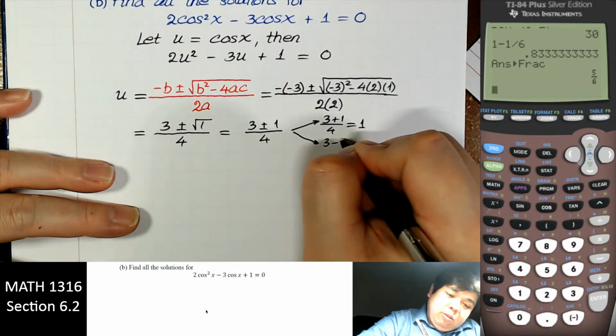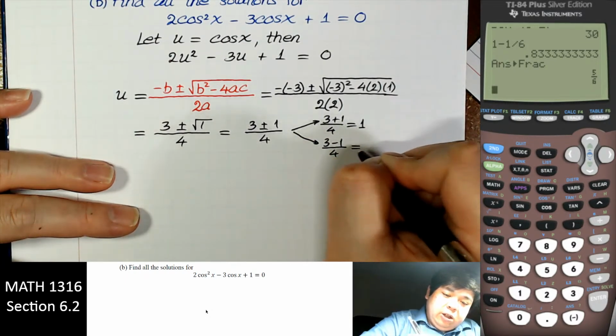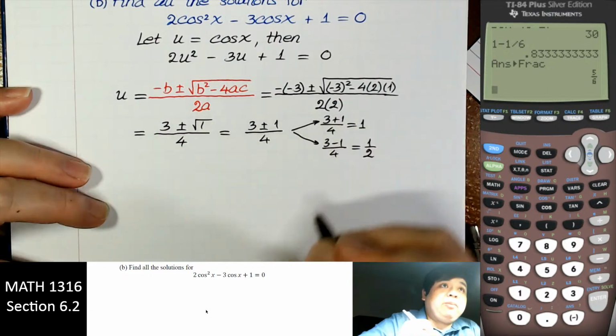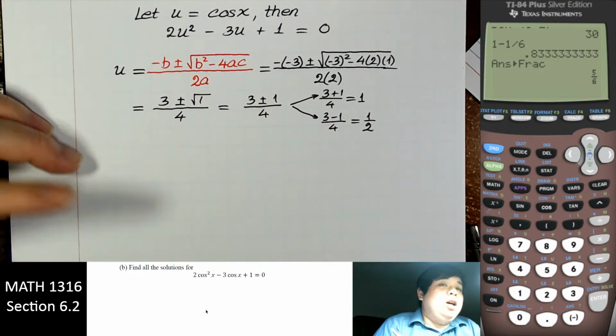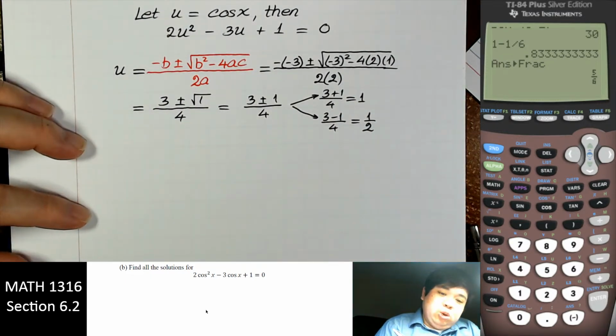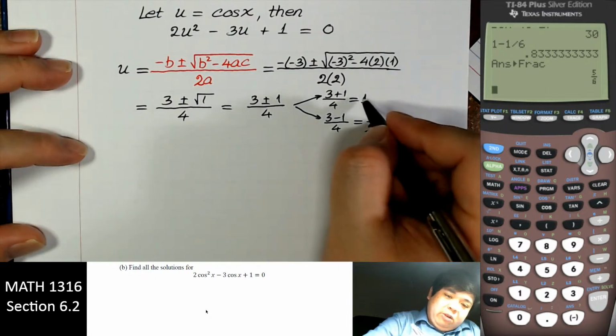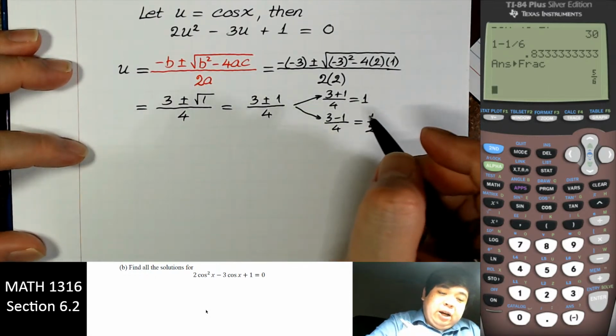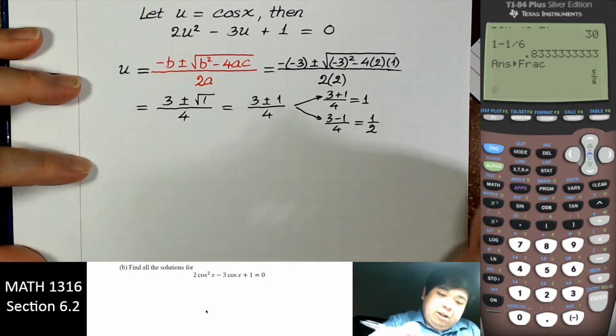And 3 minus 1 over 4 is 1/2. So pretty much we have two solutions here. One of which is equal to 1 and one of which is 1/2.